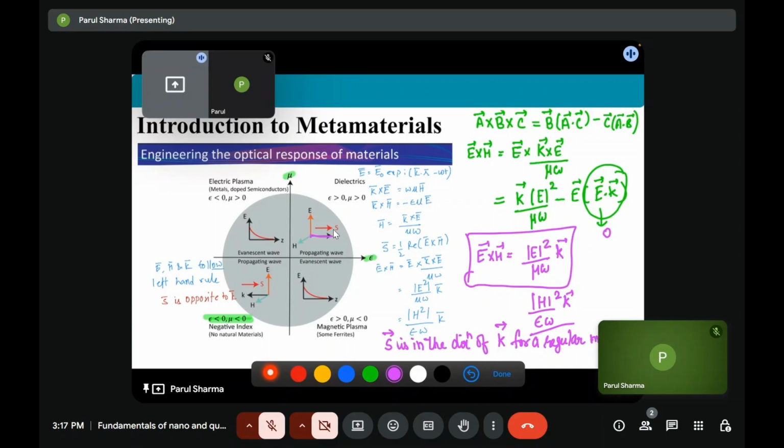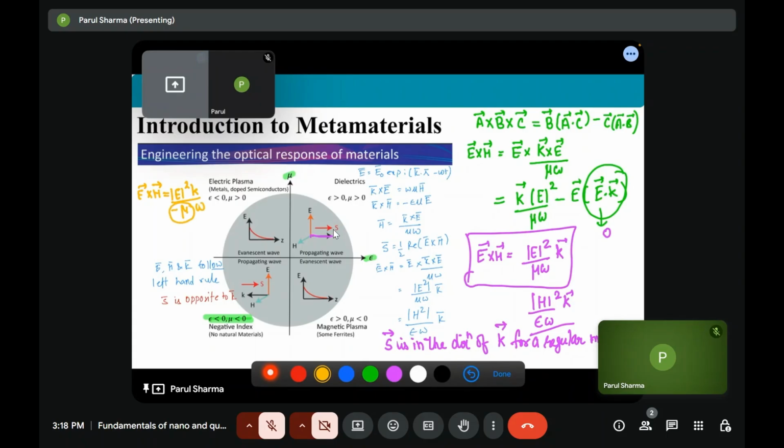So for a negative index material, epsilon and mu both are negative. If we solve this for that, E cross H is equal to C square K. So suppose my epsilon is negative, or my permeability is negative, there will be a minus sign.